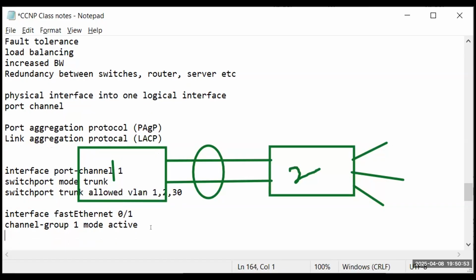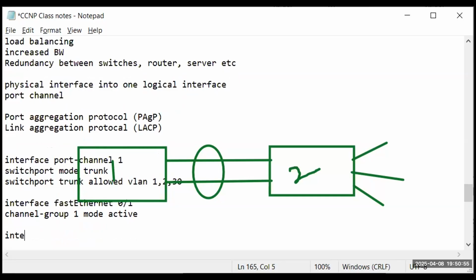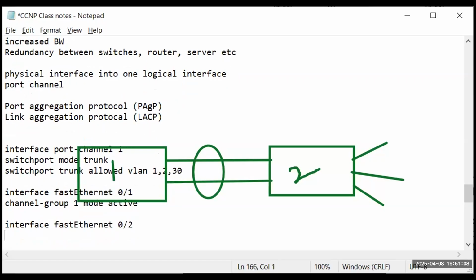Similarly, if you want to group the other interface, it should also come under the port channel. So interface FastEthernet 0/2, channel-group, the same 1, mode active. This is LACP.